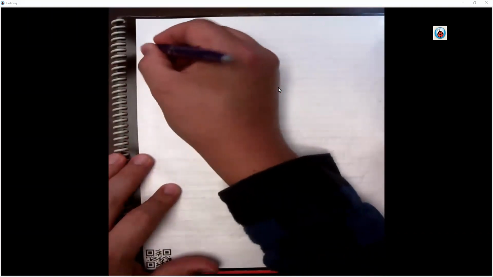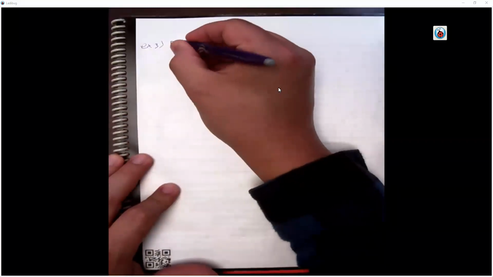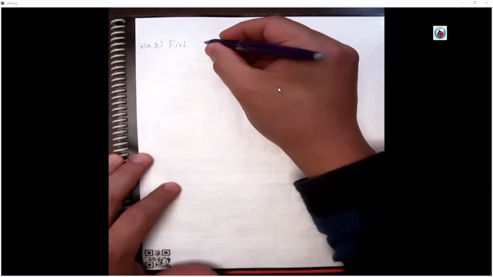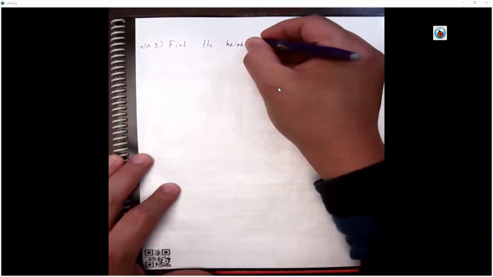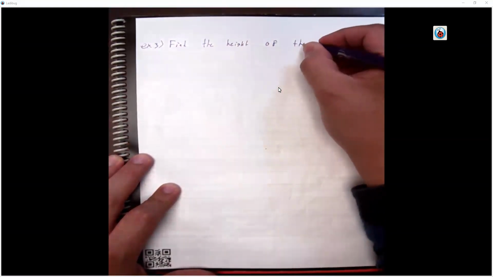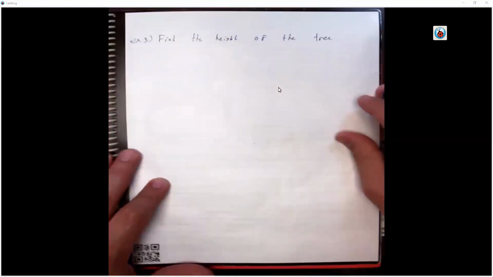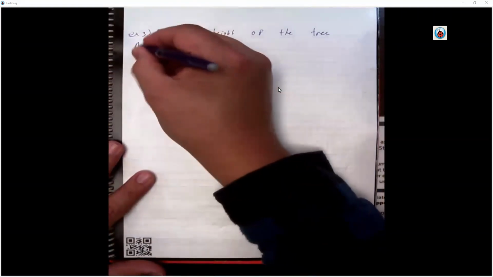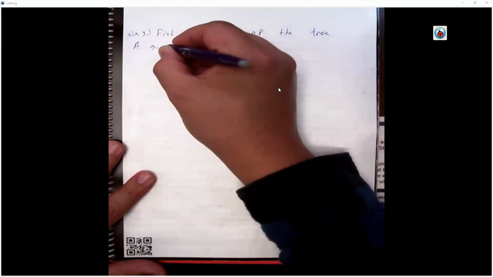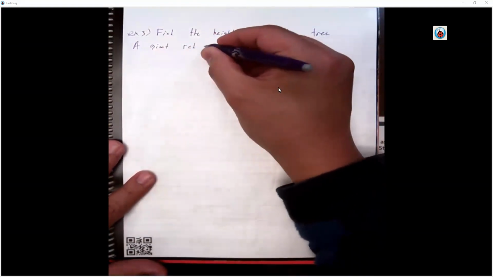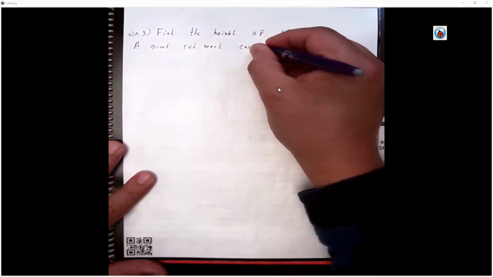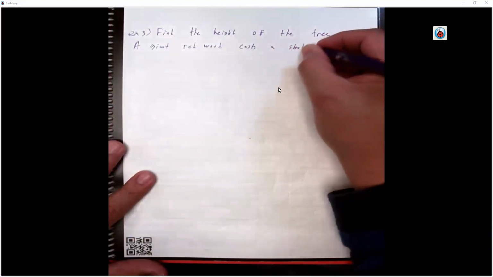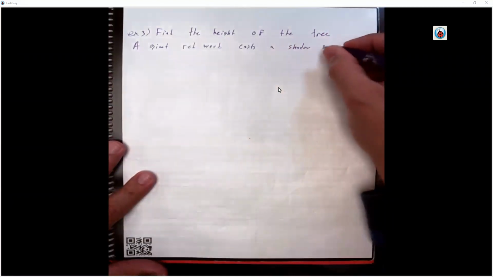Let's do some word problems. Example 3. Find the height of the tree. A giant redwood casts a shadow 532 feet long.